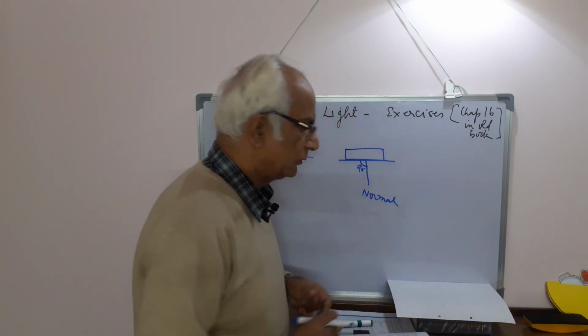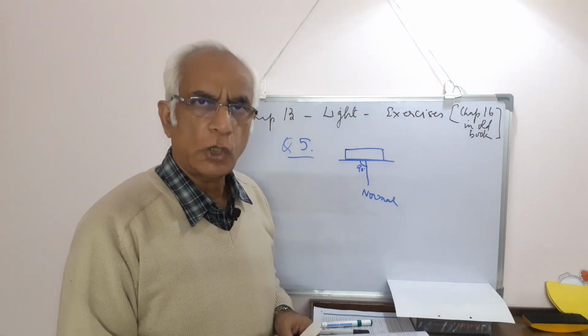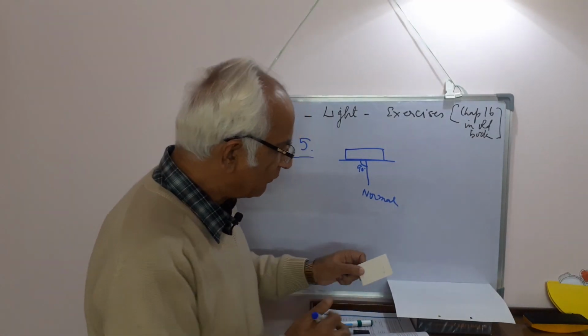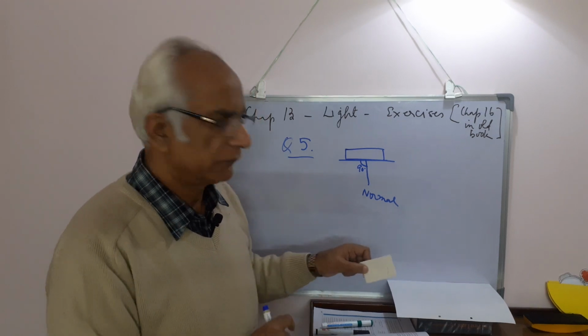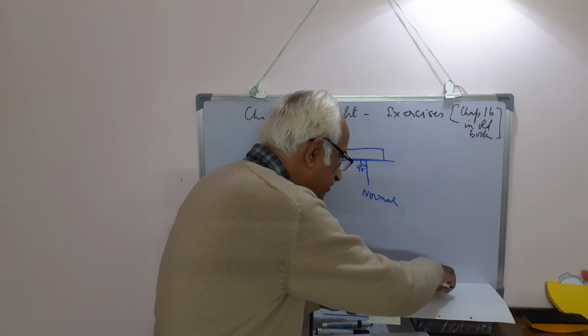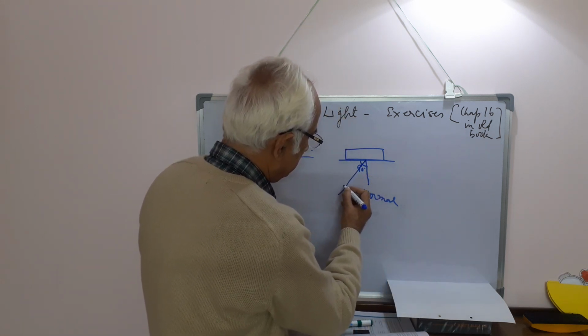Now what do we do? We take out a torch to throw a beam of light, and we throw a beam of light through a hole. We'll adjust this in such a way that the beam of light will touch this point.